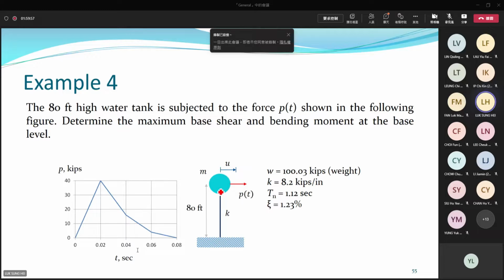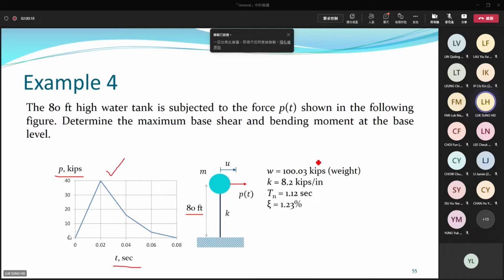Suppose there is a structure, the height is 80 feet, 80 feet tall. The force is shown right here. When written in US units, the force is expressed using kilopounds, kip, and time is universal. This is the pulse shape, something like a triangle.